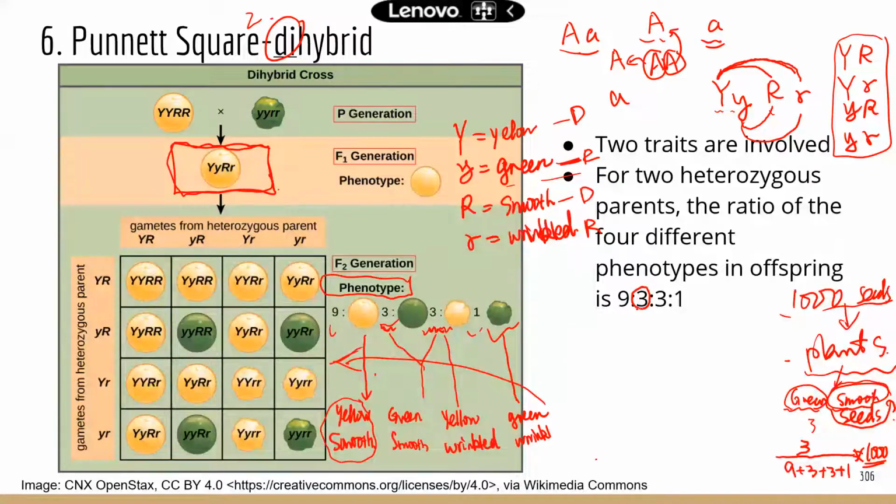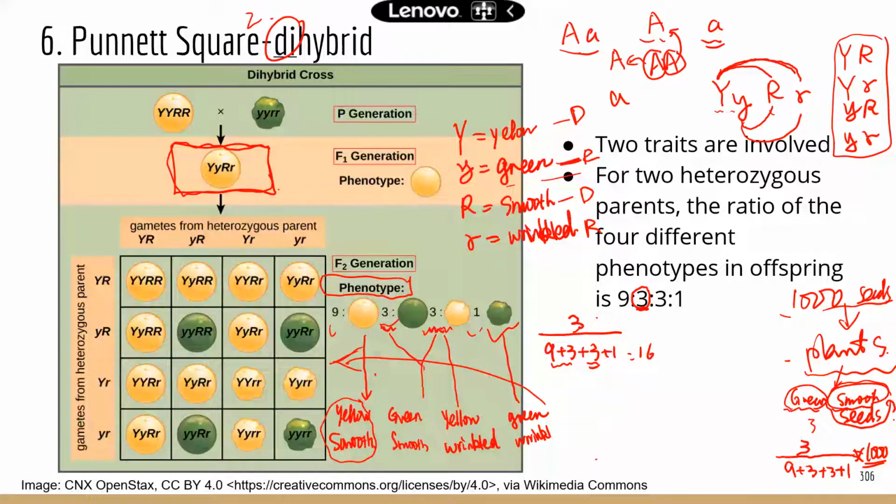So if it counts for 3 squares, then the proportion or the percentage is going to be 3 divided by the total number of squares, right? Which is 16. Now you can double check by adding up all the numbers. 9 plus 3, that's 12 plus 3, that's 15 plus 1, that's a total of 16.